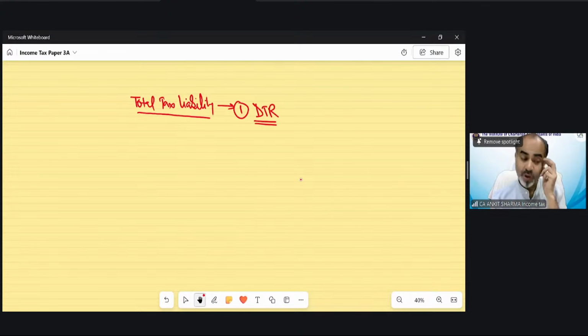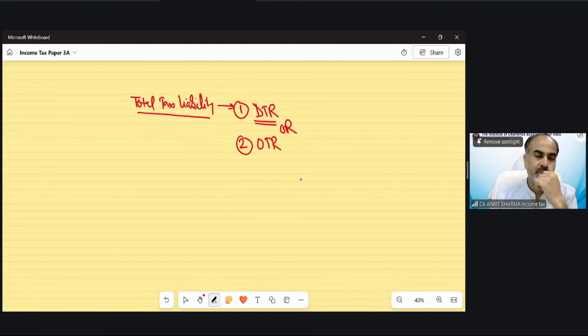That would be good news because you do not need to apply two regimes. You just need to calculate your tax under the default tax regime. That's it. Either they can ask you to calculate tax under the optional tax regime only. This is possible.